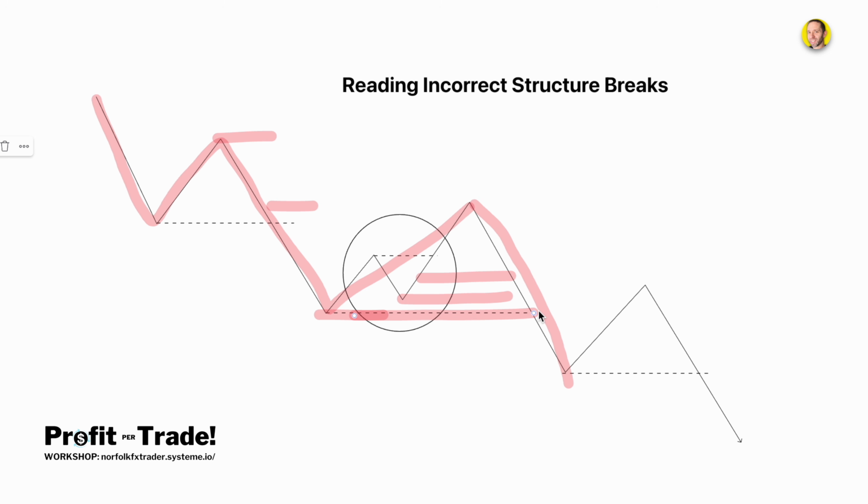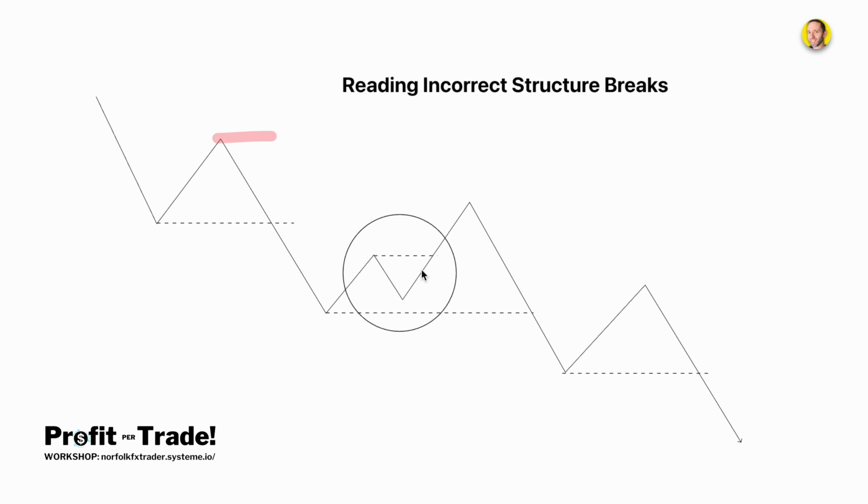Understanding the bigger picture and reading your structure breaks in the market correctly. So if you're just focusing on this one area of price, seeing this break of structure to look to buy the market, that is where you're going to lose. Okay, so you need to be looking at the bigger picture and reading those structure breaks correctly.